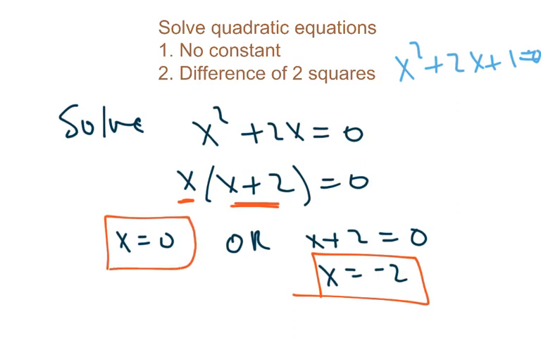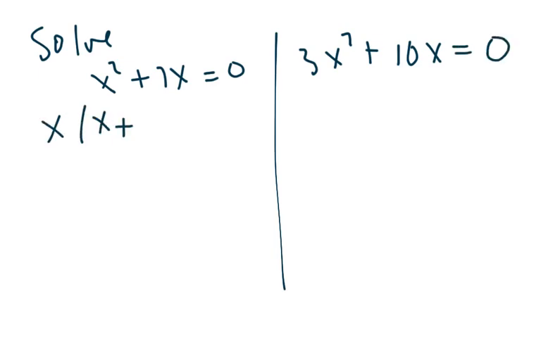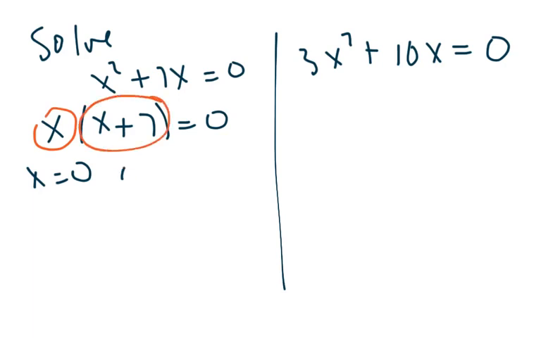Let's do another couple of examples. So solve x squared plus 7x is equal to 0, and maybe another one over here, say 3x squared plus 10x is equal to 0. All right, we factor out the x into x plus 7 is equal to 0, and that means that x is equal to 0, or x plus 7 is equal to 0, which means that x is equal to minus 7.